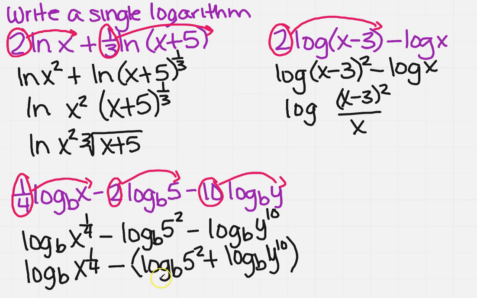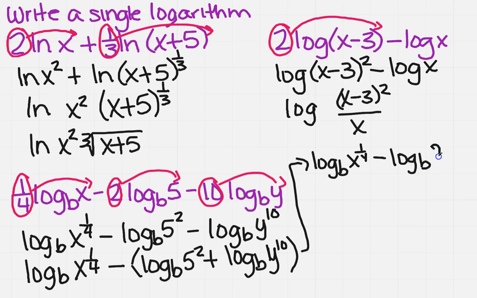So when I do that now, I can multiply what's inside here. And if I do that, you get log base b of x to the 1/4 minus log base b, and now I'm going to multiply those. 5 squared is 25, so I'm going to get 25 y to the 10th.